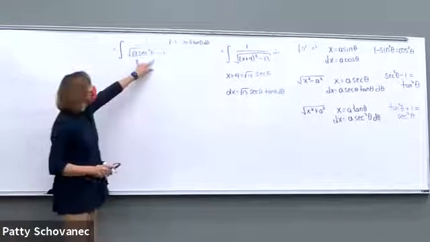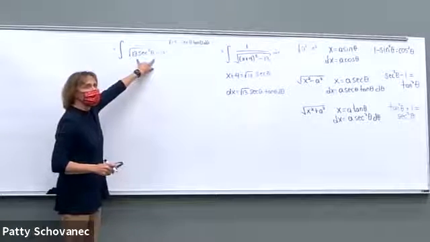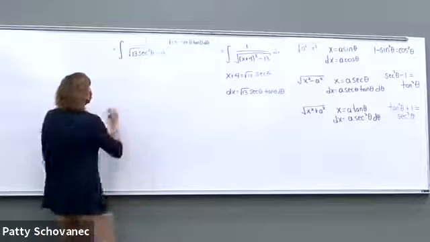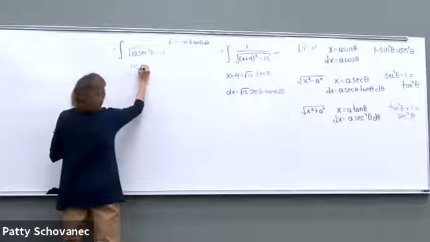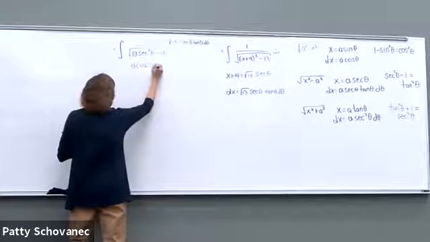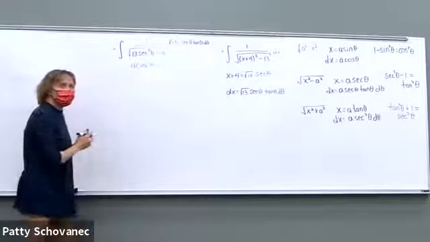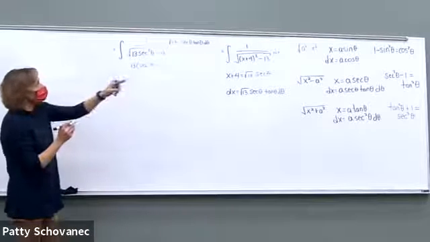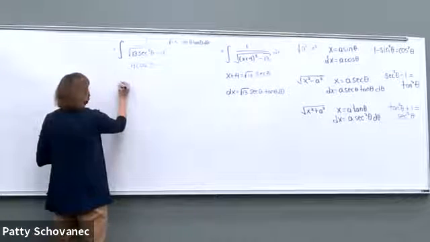Okay, when I factor out the 13 here underneath the radical, I'm going to have 13 times secant squared theta minus 1. That's still under the radical sign, but secant squared theta minus 1 is tangent squared.